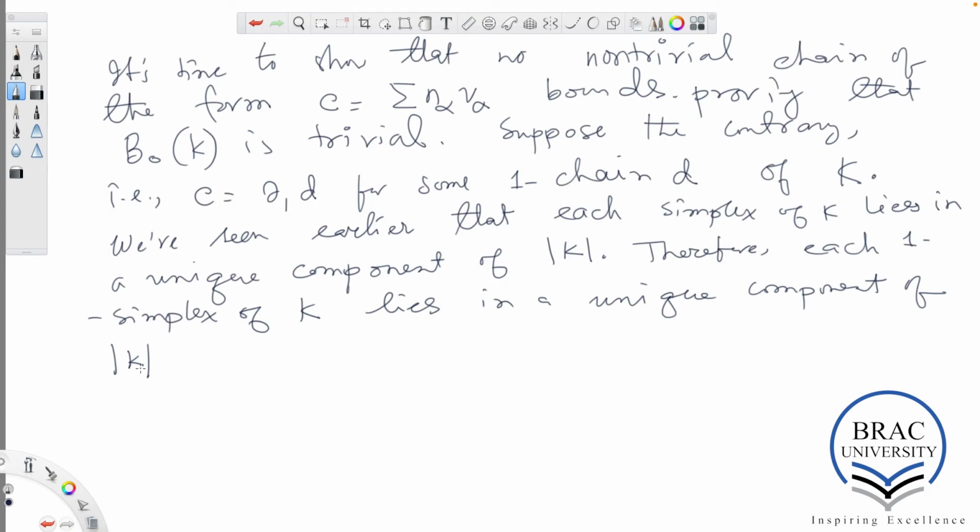Now, using exactly the same arguments that one uses in the beginning of step 2 for zero chains, one finds that D is equal to the sum of m alpha d alpha, where these m alphas are integers. Exactly similar argument.